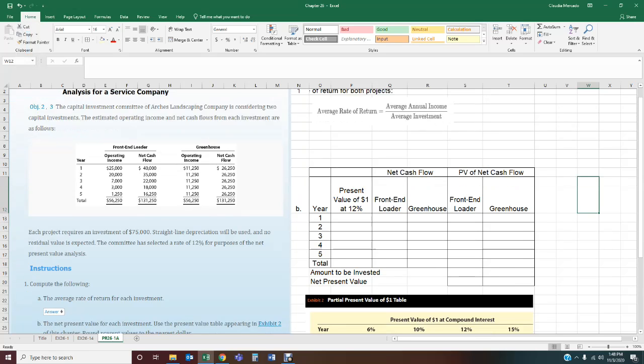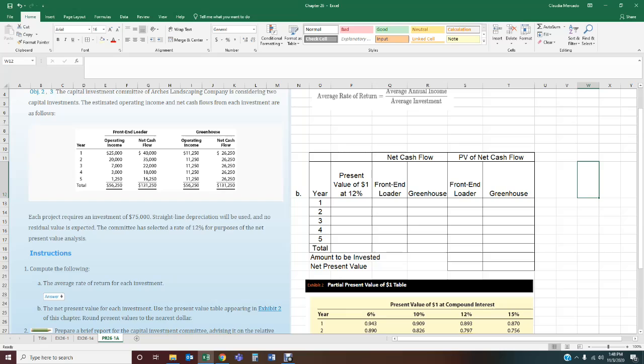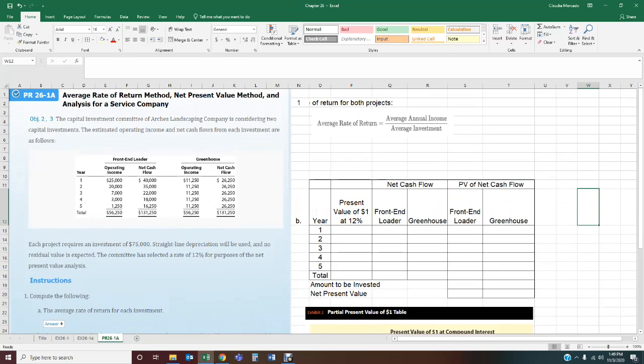So, the first thing that they're wanting us to do is to compute the average rate of return for each investment. Usually we would have two separate calculations, one for the front end loader, one for the greenhouse. Now, in this particular case, our annual income is the same for both projects, $56,250. My investment for both projects is $75,000.